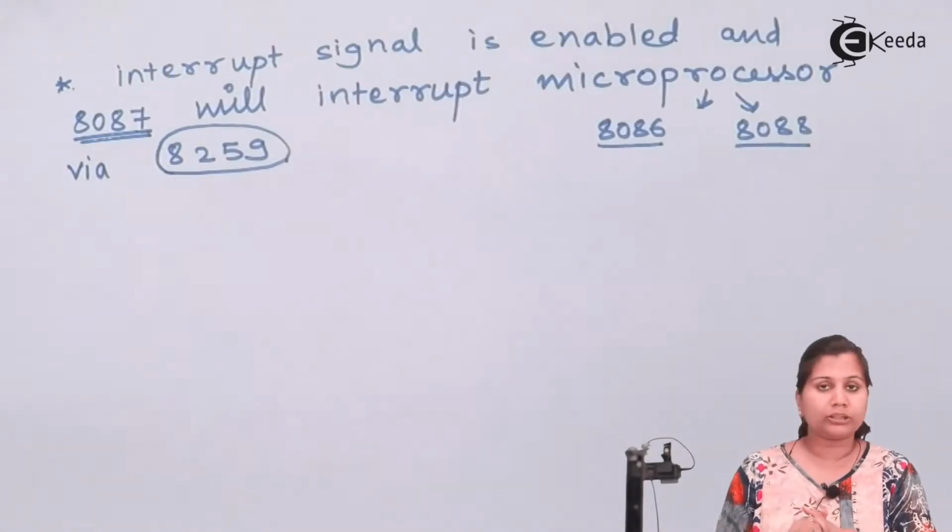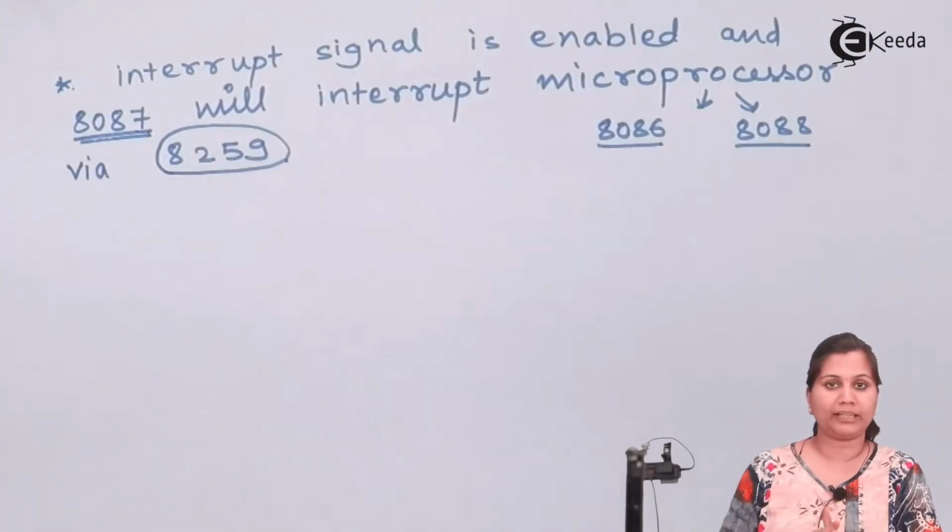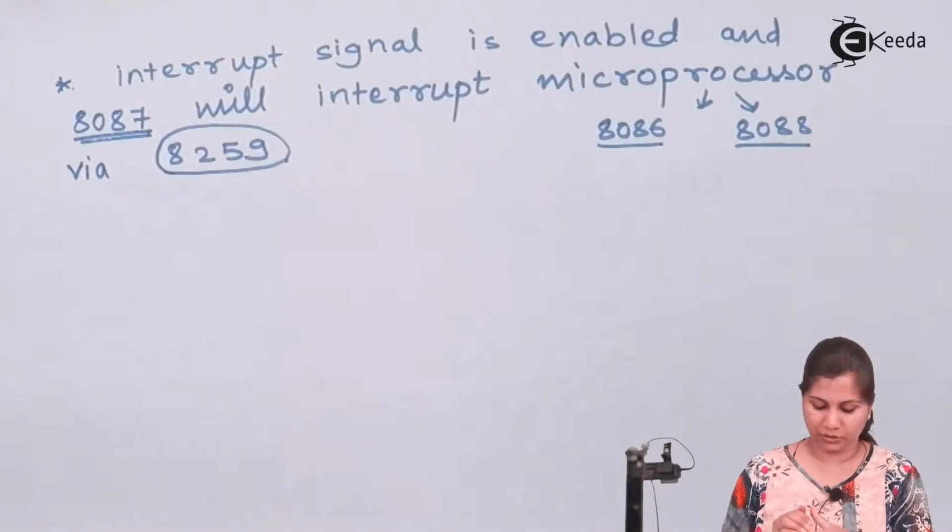Now there are various types of exceptions present. Let's see how many exceptions there are in the 8087.